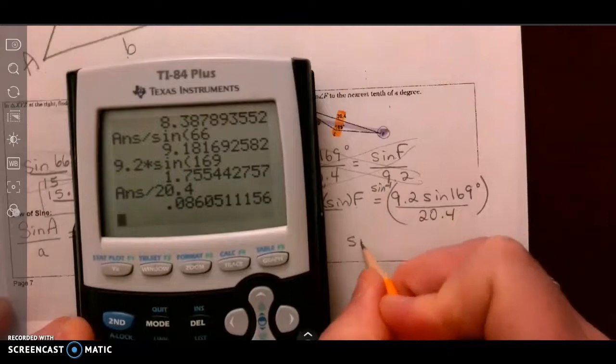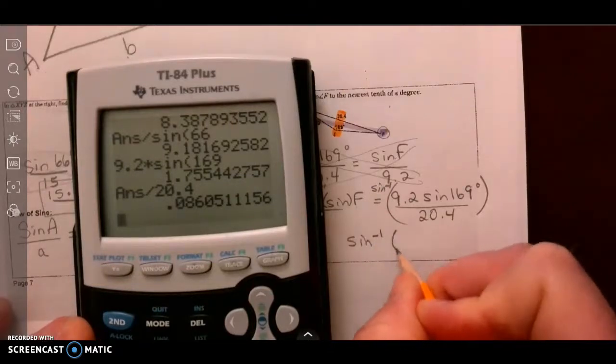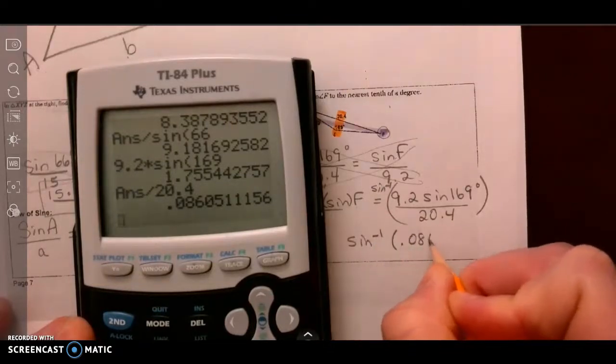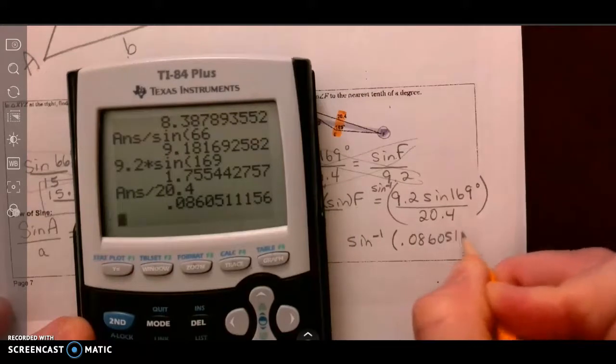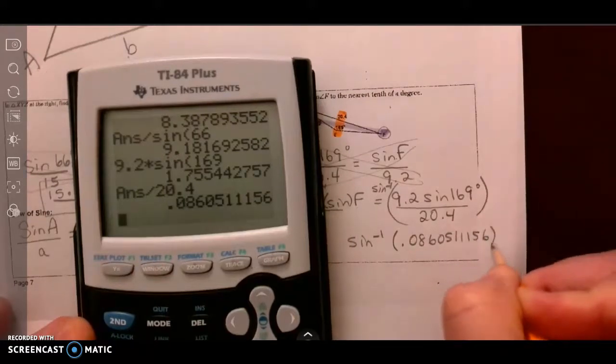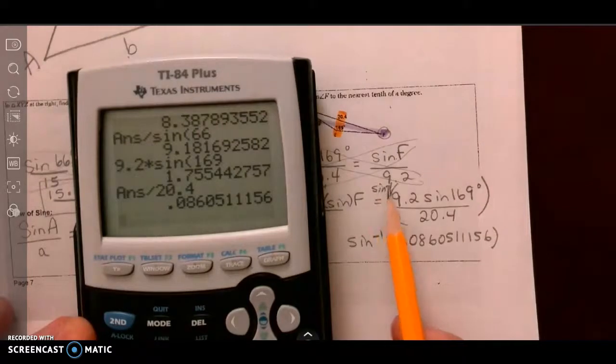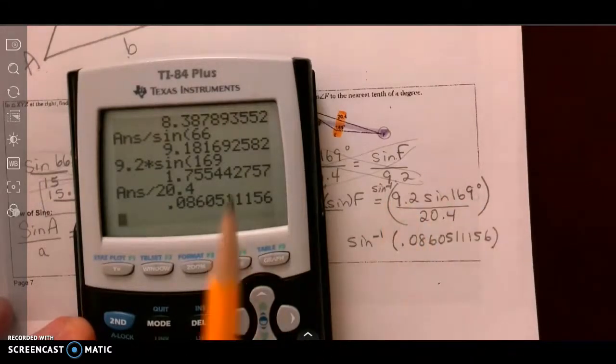Now I'm going to take the inverse sine of 0.086051156. I'm going to take the inverse sine of all of that.